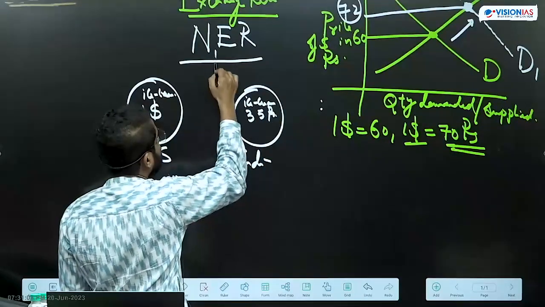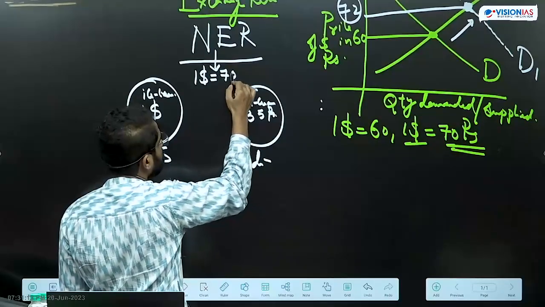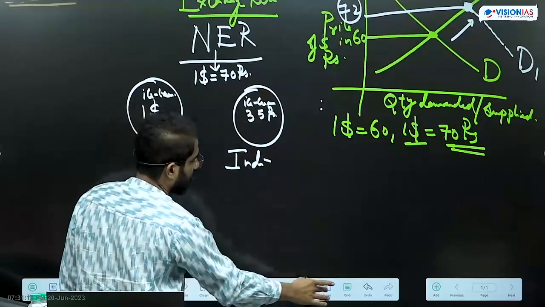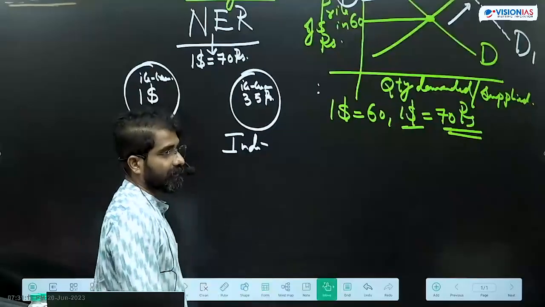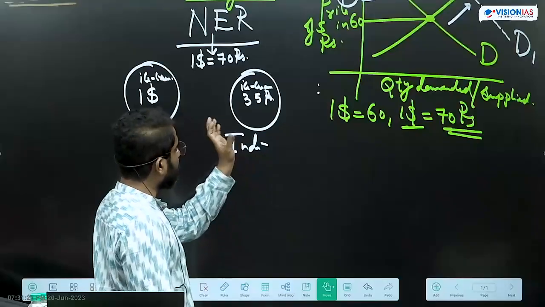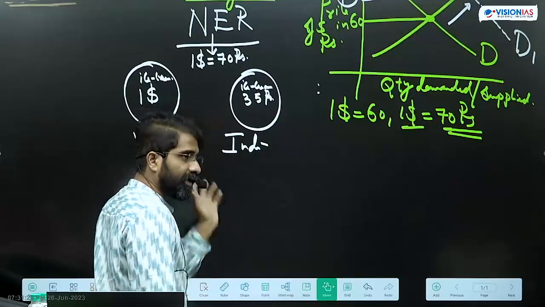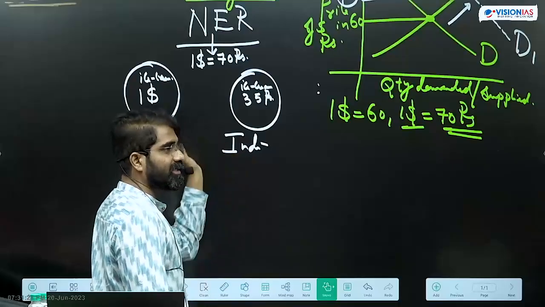Now, nominal exchange rate is $1 equal to 70 rupees. Nominal exchange rate in the market is $1 equal to 70. In this example, will the US buy ice creams from India, or will India buy ice creams from the US?